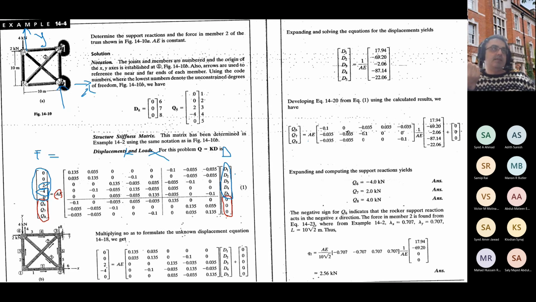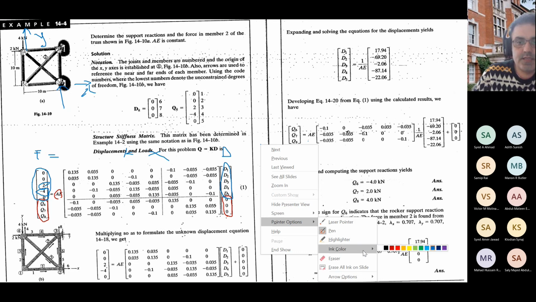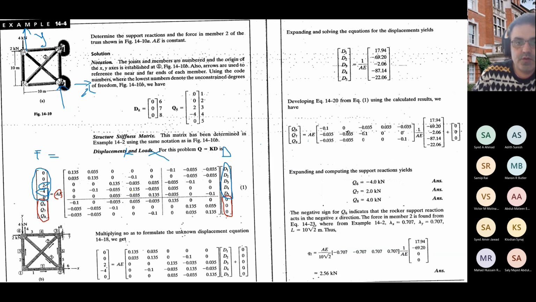F and delta are the vectors 8 by 1, and the K matrix is a matrix 8 by 8. We need to apply the boundary conditions, and for that purpose, we just take a look at the delta, which are equal to 0. So we see that we have 3 zeros here in the rows number 6, 7, and 8.